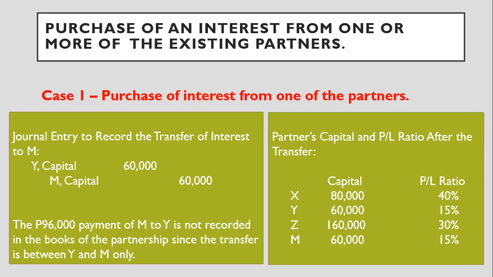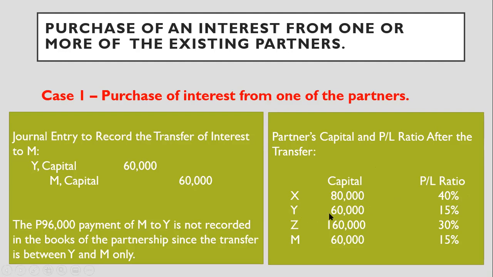And then after the transfer of interest from Y to M, this would be now the partners' new capital and their new P&L ratio. So for X, capital remains at 80,000 and the P&L ratio of 40%.